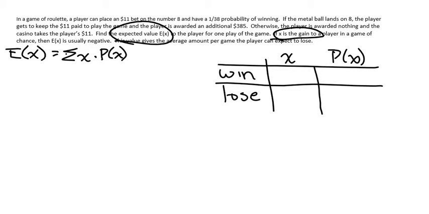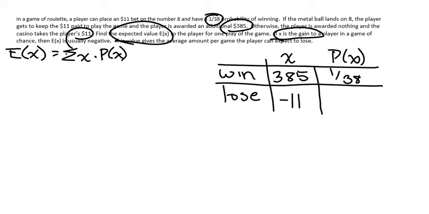Now, if a player wins, they gain $385. If they lose, they lose $11. So to mark that as a gain, we would mark it as a negative number, negative 11. The probability of winning in our example is 1 out of 38.